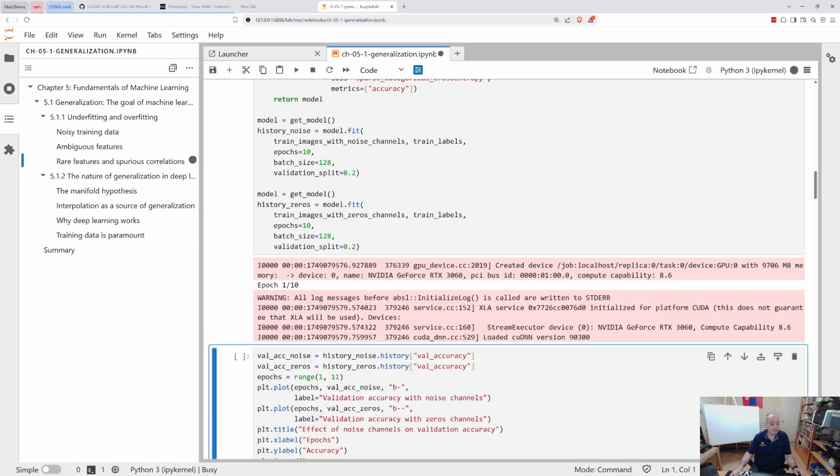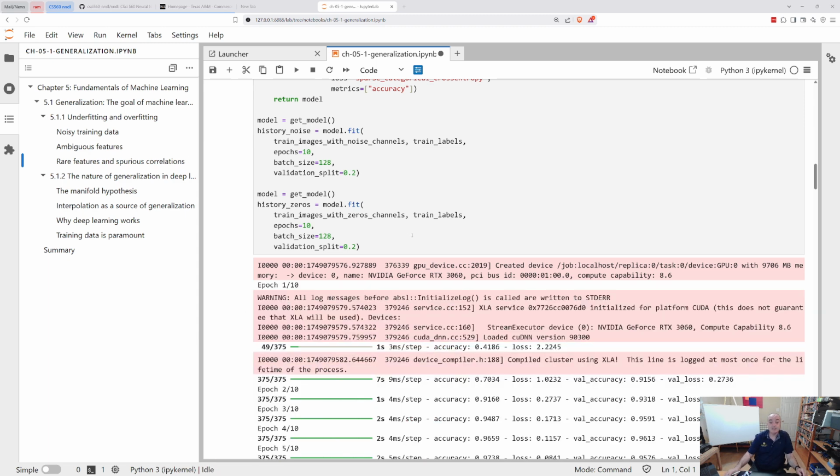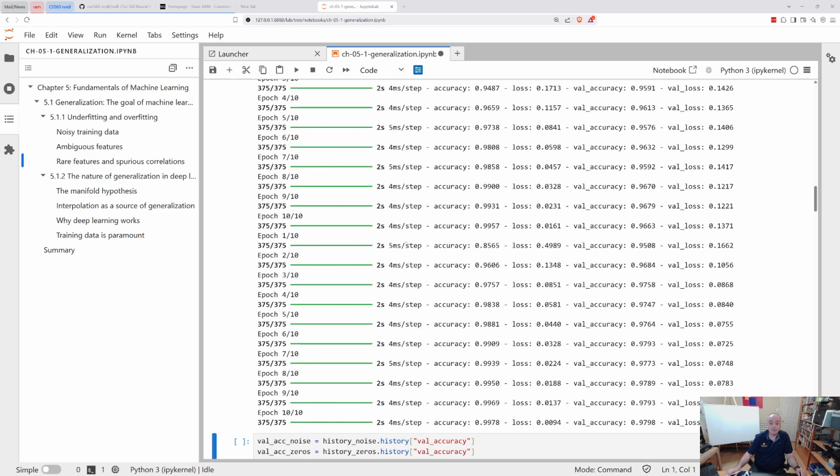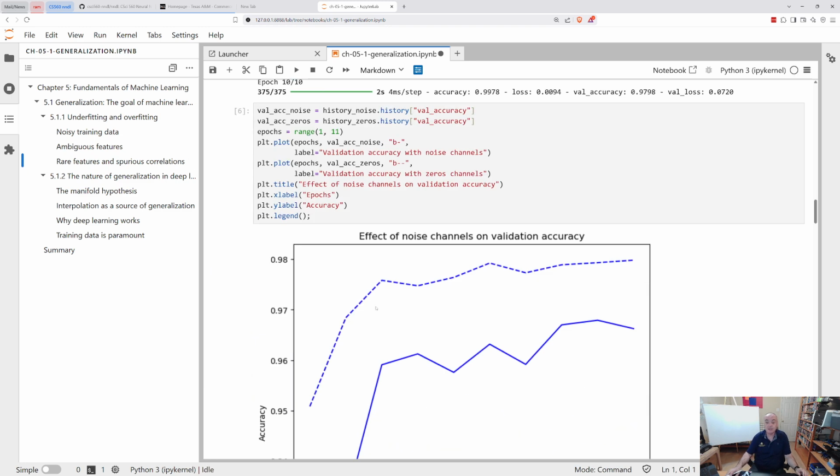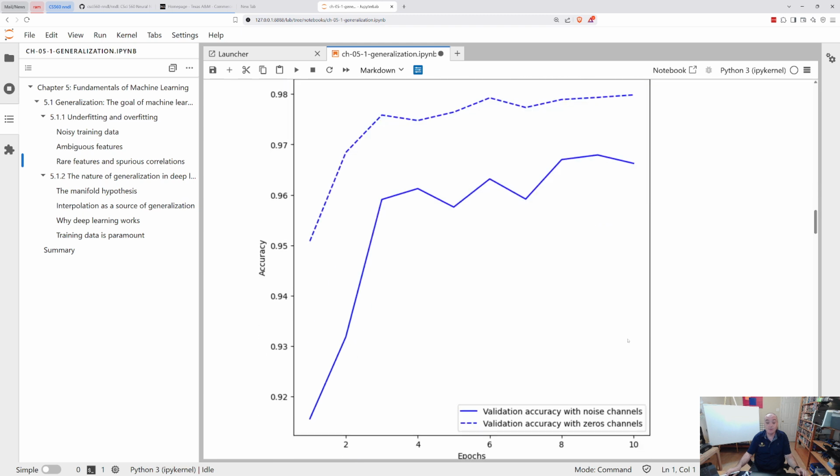It'll take a little bit of time. If you look at the typical outputs from these two networks, all we're going to do is compare the validation accuracy, since we're using accuracy as our metric here, of the one that was trained with some additional noise and the one that was trained with the same amount but all zeros. You'll typically see this kind of result, that the one with noise in the channel has a much more difficult time.